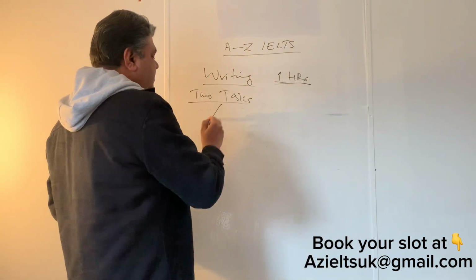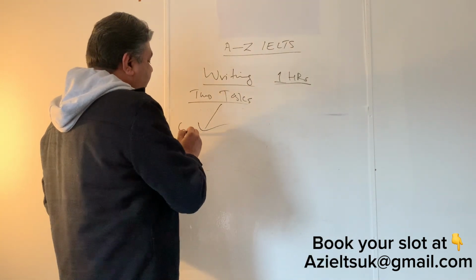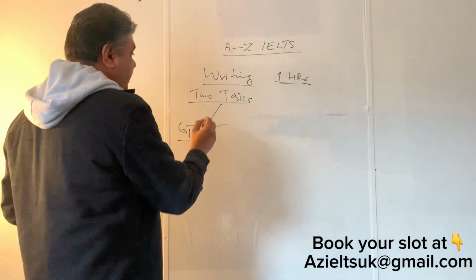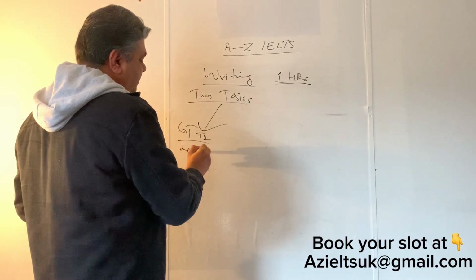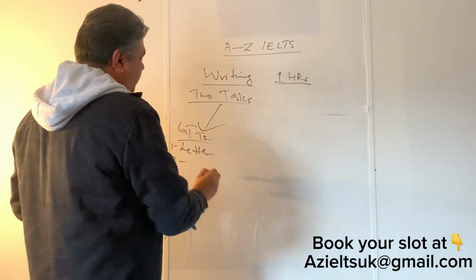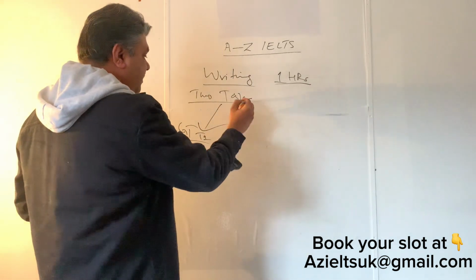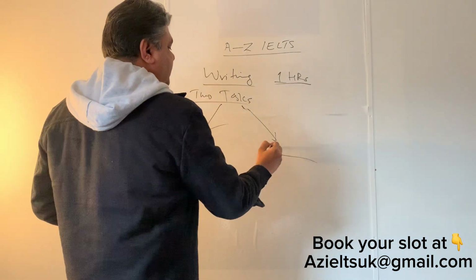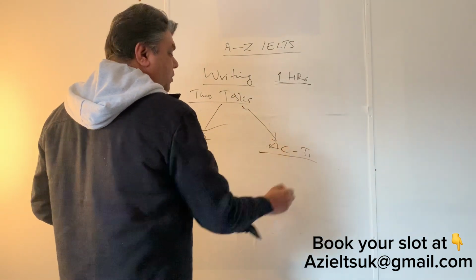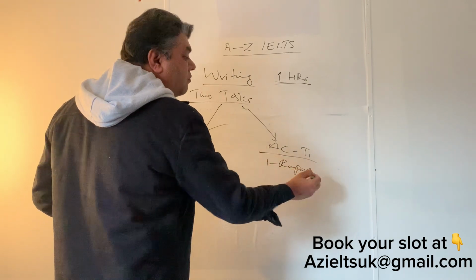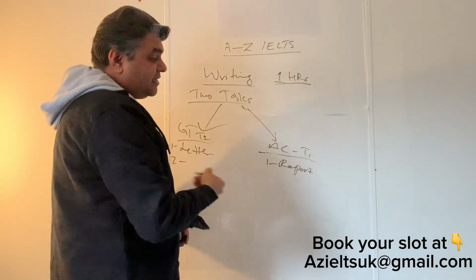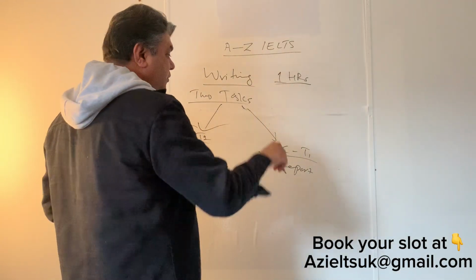So 2 tasks. For general training, task 1 is a letter, and for the academic one, task 1 is report writing. What report writing, what letter, I will explain in the next video, completely about writing.